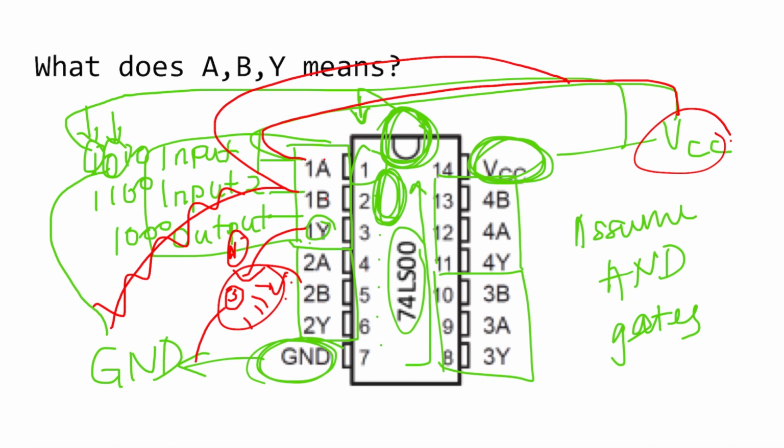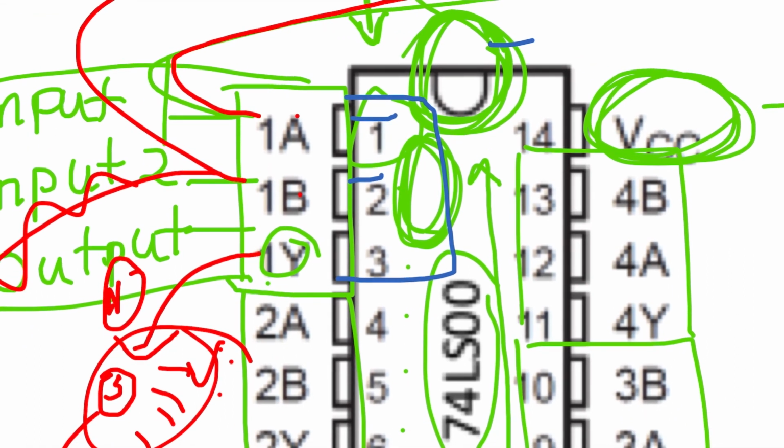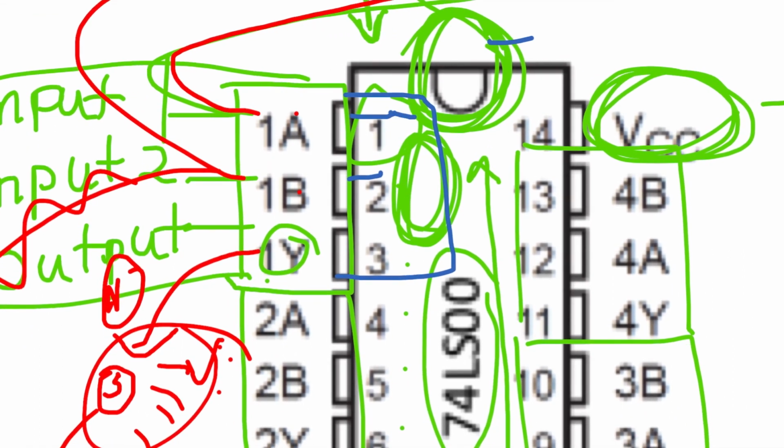This is how you are going to connect the wires, and you could think of the chip right here as a connection. Let me zoom in. Let's say this would be an AND gate that gets connected to here.